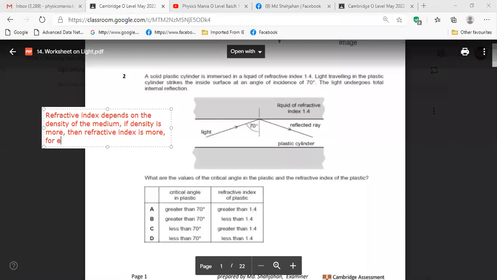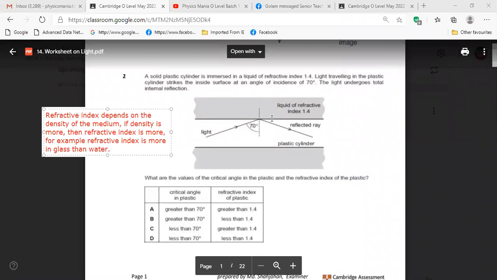For example, refractive index is more in glass than water. Is it clear? Farabi, Monica, is it clear? Yes, sir. Please take these notes, then it will be easier for you to understand.